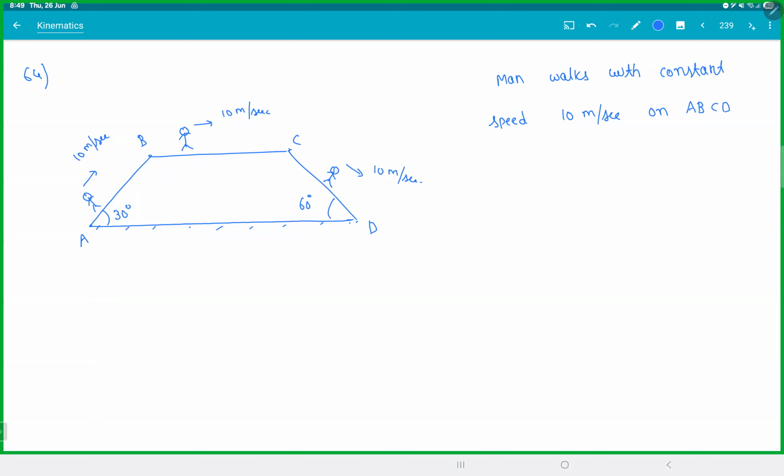Now, this person observes when he is walking on AB, he sees the rain falling vertically. Meaning when he is going on AB, he thinks rain is falling vertically.